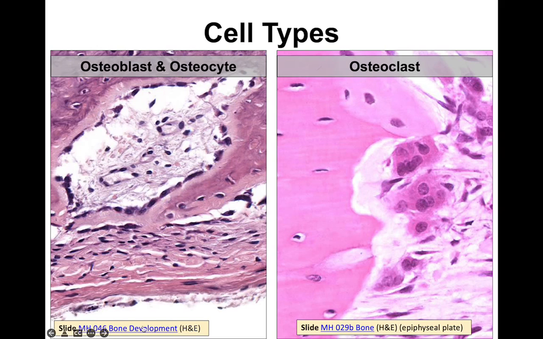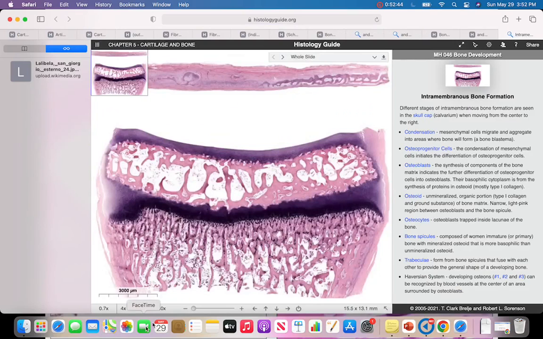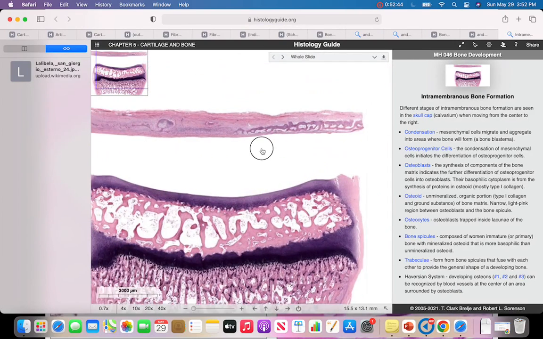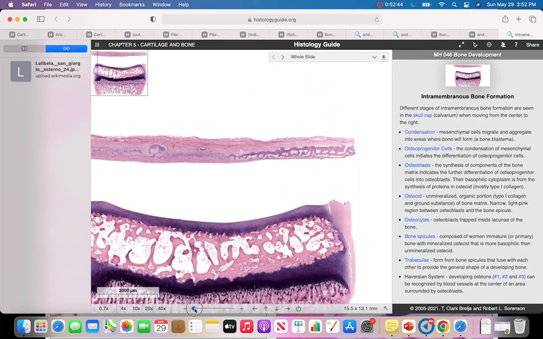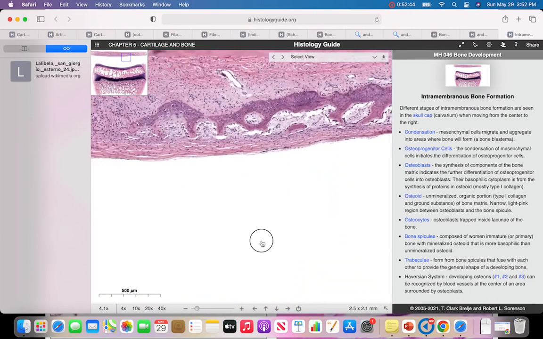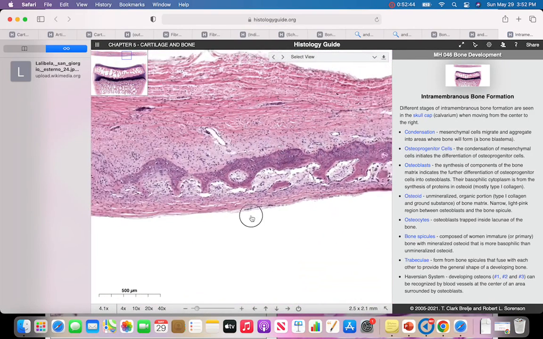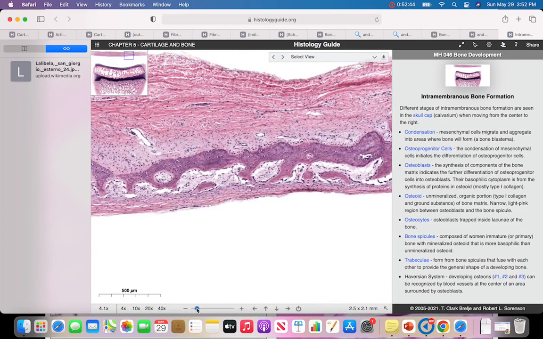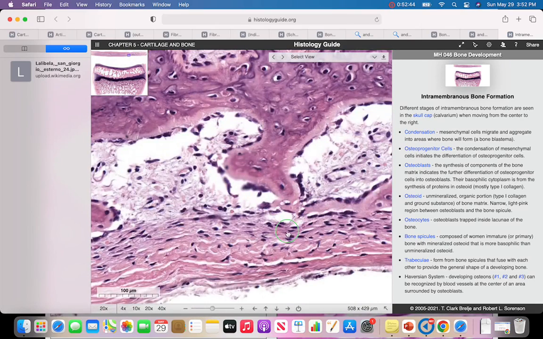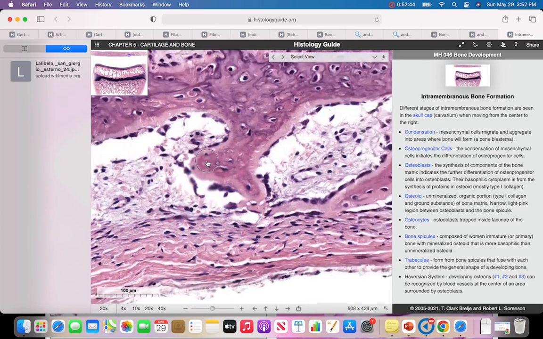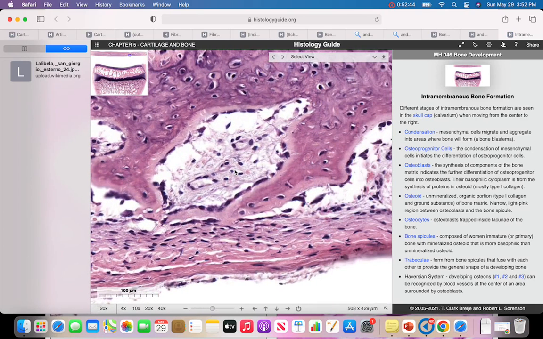So let's see these osteoblasts in a section. You can see it here.